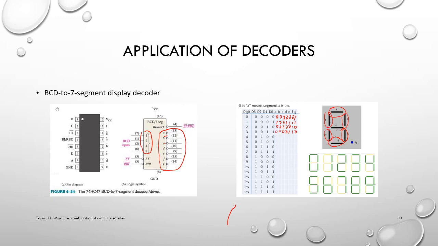For 4, A should be off, B on, C on, D and E off, F should be on, G should be on. Okay. For 5, B and E are off. So B should be off, E should be off. For 6, only B is off.